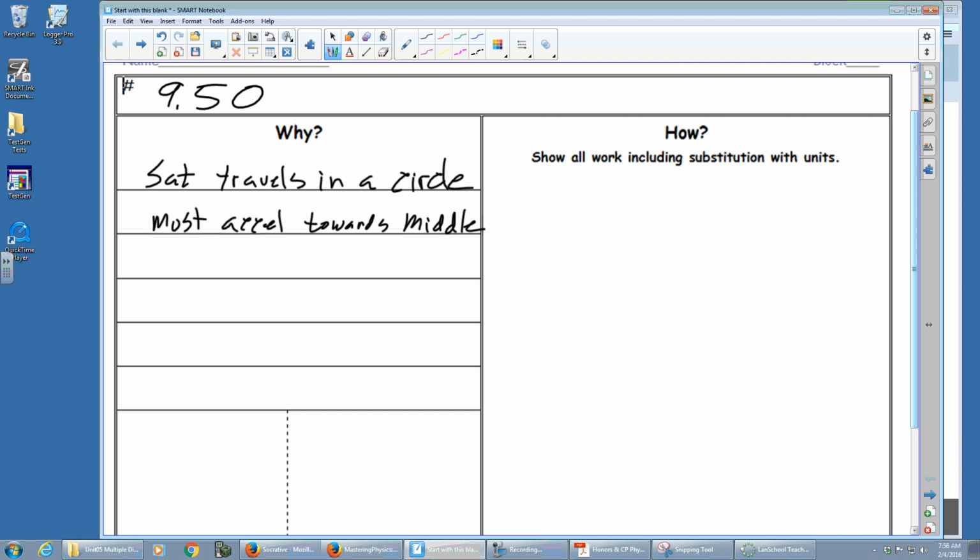But what causes that acceleration? Force, net force. Guys, maybe write it down 200 times: net force causes acceleration. That's one of those base principles we need to have at our fingertips.